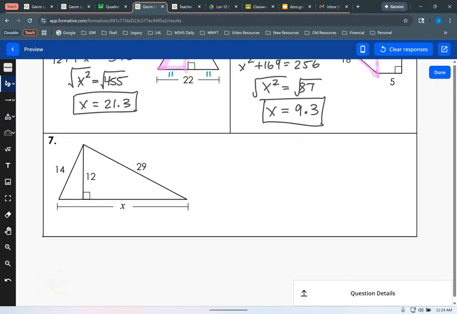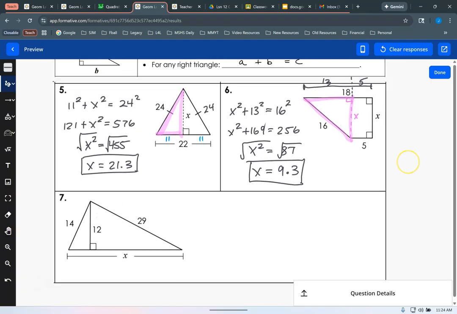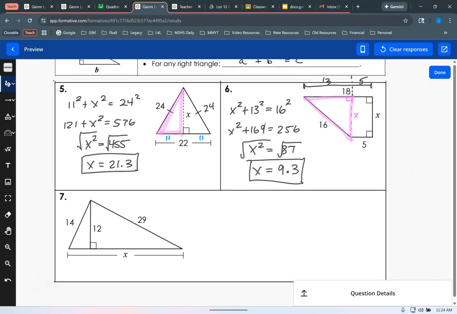All right. So now we're faced with this hoopla. Okay, hang on real quick. Let's lock it in. Focus. Now, in the last one, let's just go back here for a second. In this last one, we took this whole length of 18 and we broke it into two pieces, right? We broke it into the 13 piece and the 5 piece.